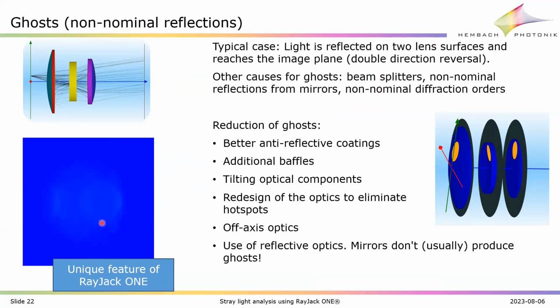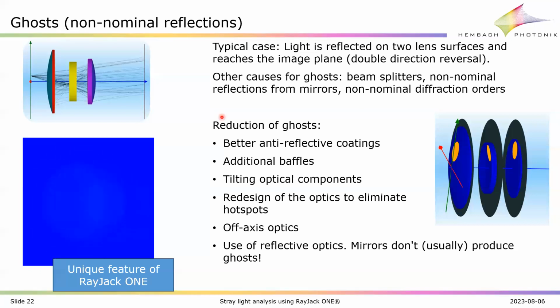And you see, one of the problems of ghosts is that they may create hotspots, so they can be quite serious. Here, this simulation was done with differential ray tracing, which is a unique feature of RayJack ONE, but in many other cases, you simply do it as I've shown in my example.